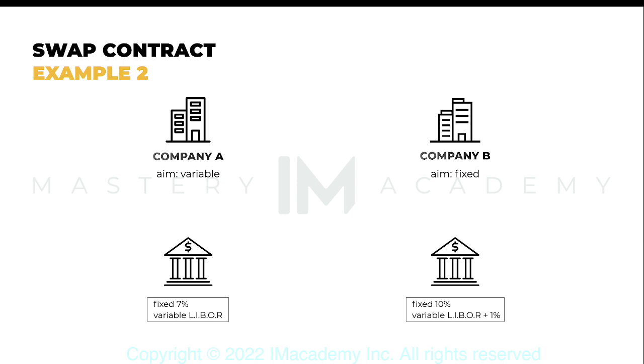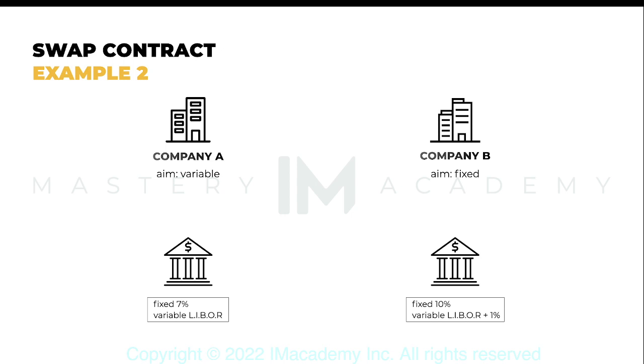So you might think that company B wants a fixed rate interest loan, so it just takes 10%, while company A wants a variable rate loan, so it just agrees to pay LIBOR on 5 million. But actually, there is a way for swap banks, which I'll add here in one moment, to help both of its clients have a better rate and make at the same time a little bit of money for themselves.